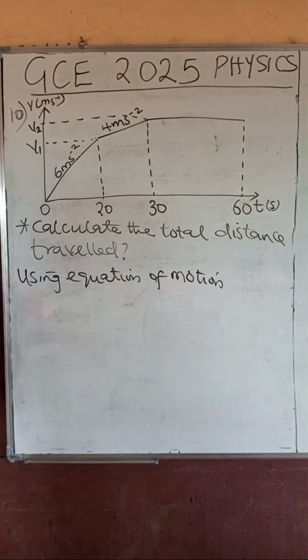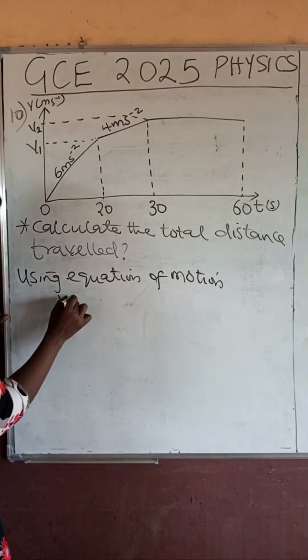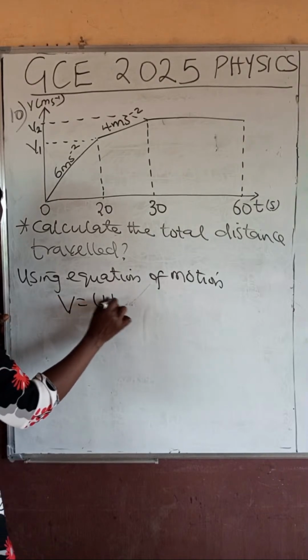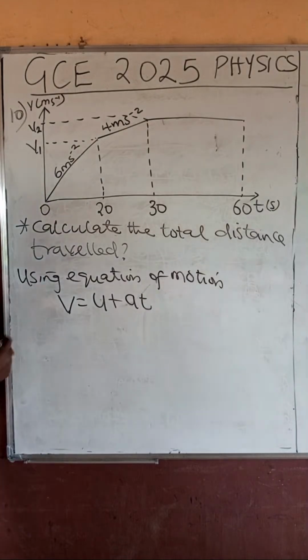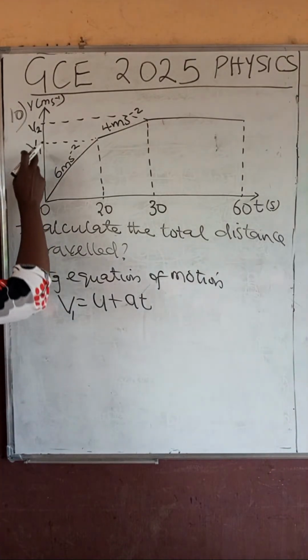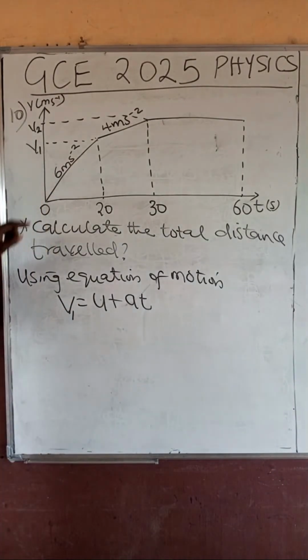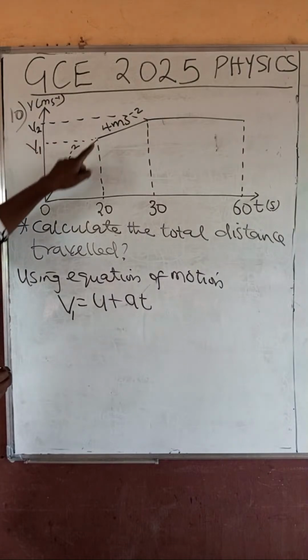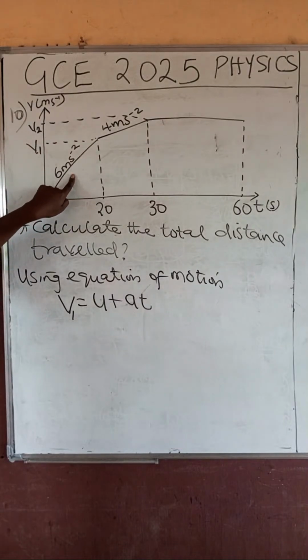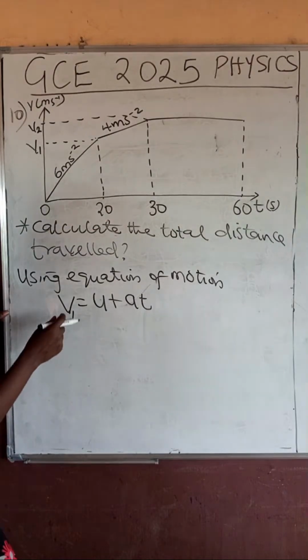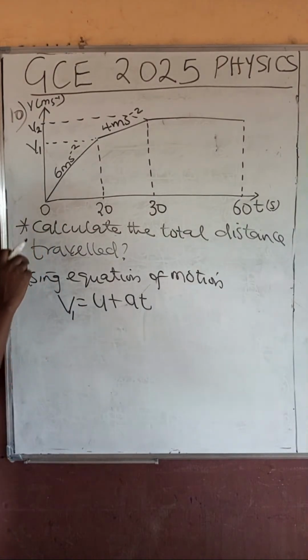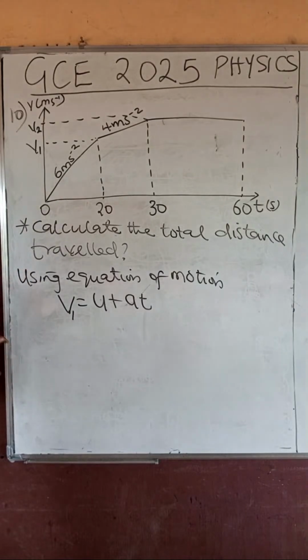You know the first equation of motion that we have? V is equal to U plus AT, right? Now this V here becomes my V1 because I'm looking for it. If a body accelerates from here to here, the acceleration here is 6 meters per second square, and the time is 20. If the body starts from rest, that means my initial velocity U equals 0.